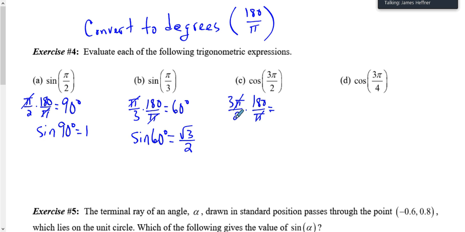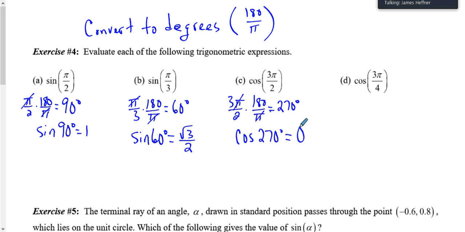What's 90 times 3? 270. And from a couple pages before, what was the cosine of 270 degrees? Remember, that's where the triangle flattens out. It's 0.